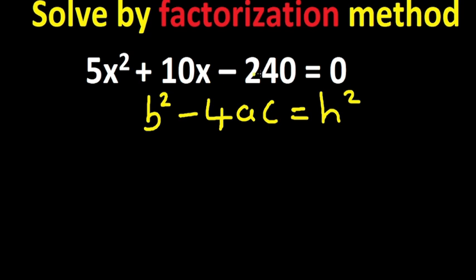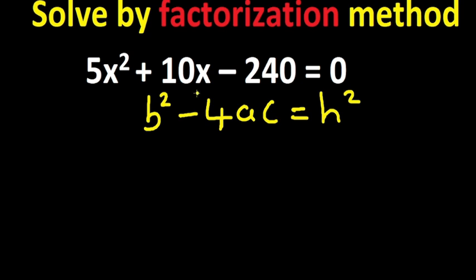Now, if this quadratic equation can be solved by factorization method, if we plug in the respective values into this formula, we're going to get the square of an integer. But if you don't get the square of an integer, it means it cannot be solved by factorization method. So let me show you what I mean by that.